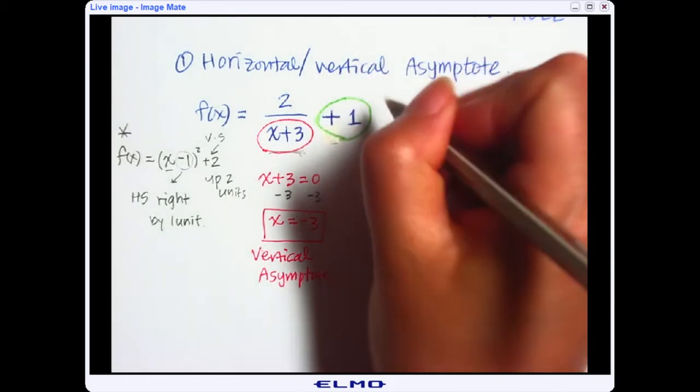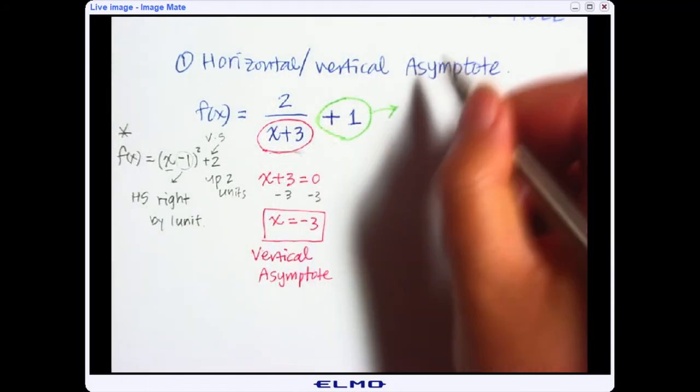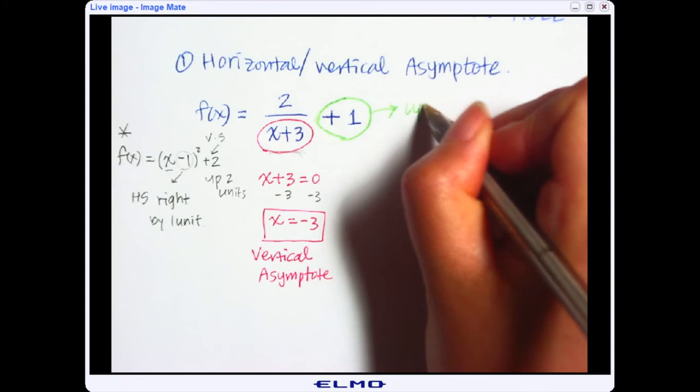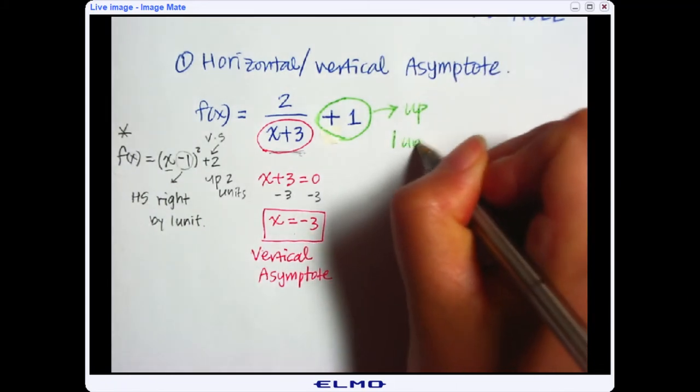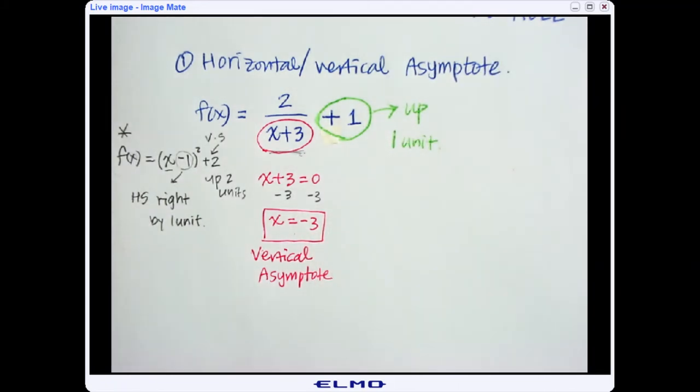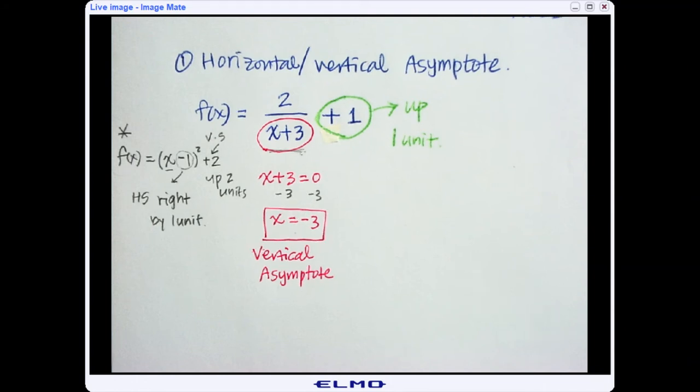And now I can see this one is a vertical shift up 1 unit. Then it moves the original horizontal asymptote, which originally was on the x-axis, up 1 unit.